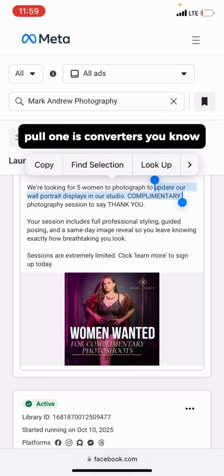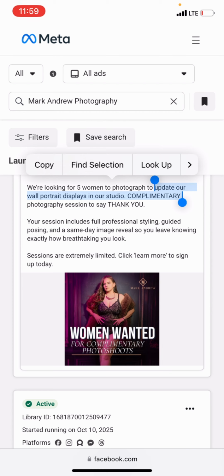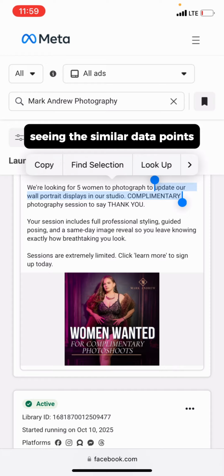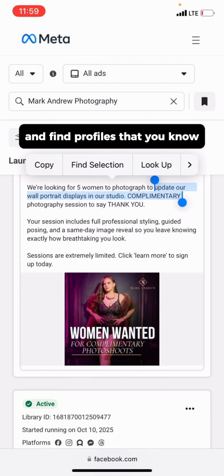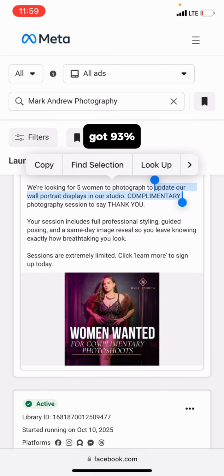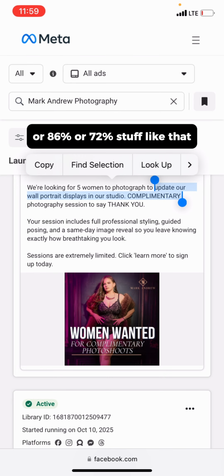Pool 1 is converters: stripping off all the data profile attributes, pulling the converters, and seeing the similar data points on all the converter profiles. That biases the Meta ad algorithm to find profiles that share 93% of the same data points, or 86% or 72%, stuff like that.